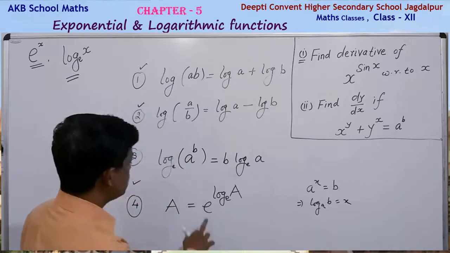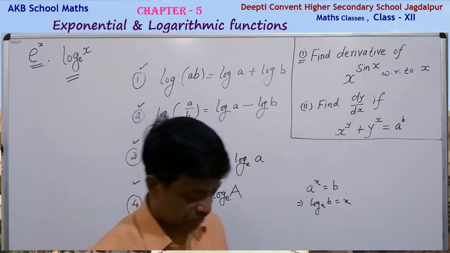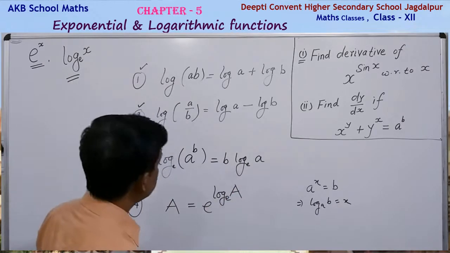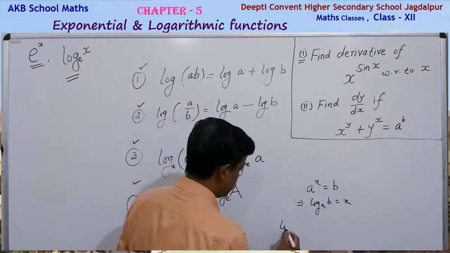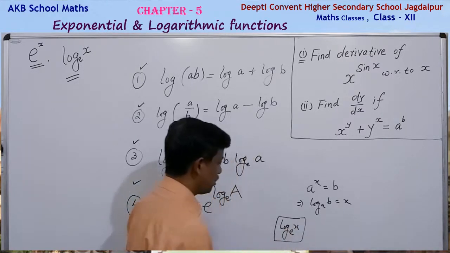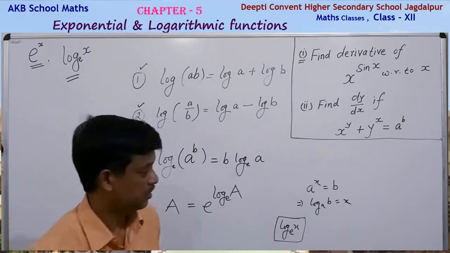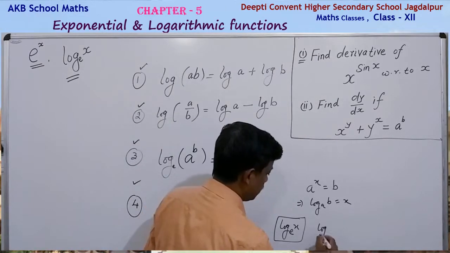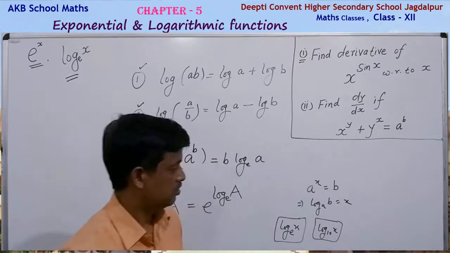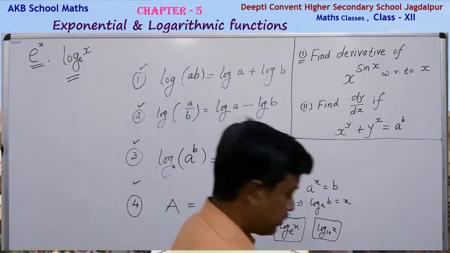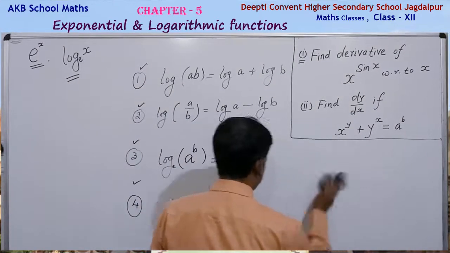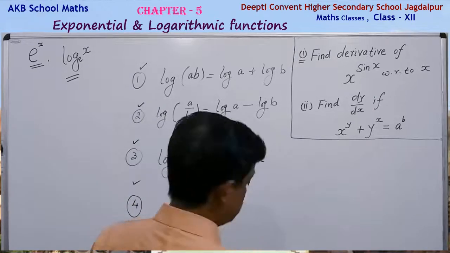You know, e means the natural exponential function, and log of x to the base e, when we take base e, we call it the natural logarithm. And when the base is 10, it is called the common logarithm. So this was the formula for the logarithmic function.